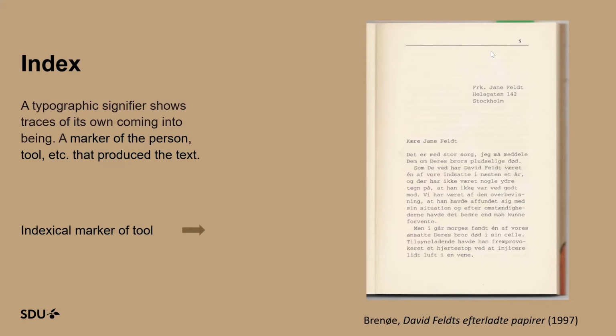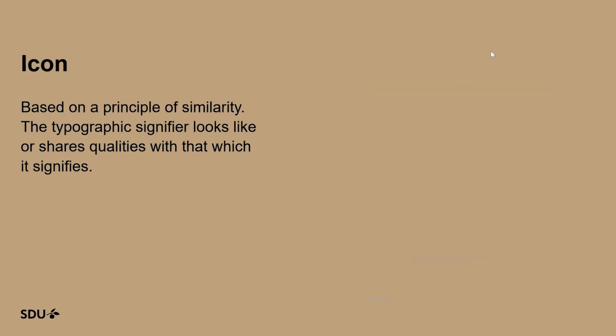But I'll first move on and introduce the iconic semiotic, the principle of iconic typographic meaning, which refers to instances where the typographic signifier looks like or shares qualities with that which it signifies.